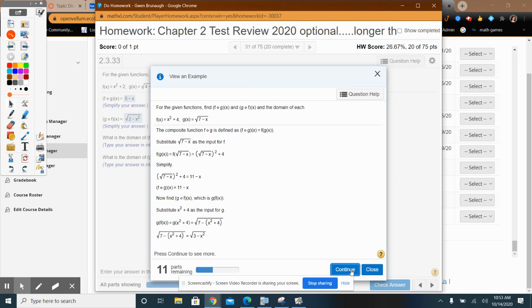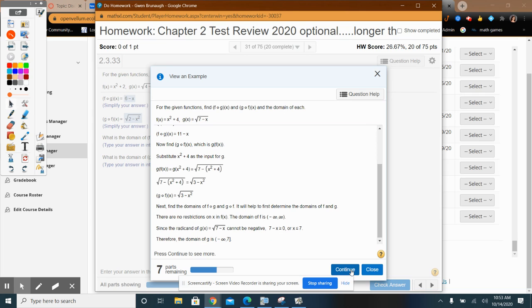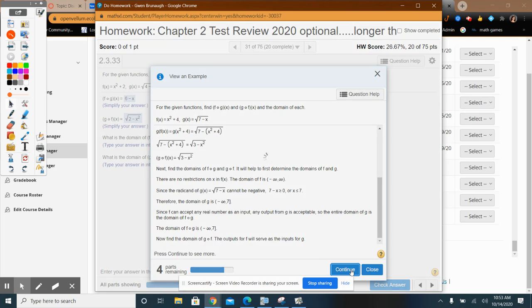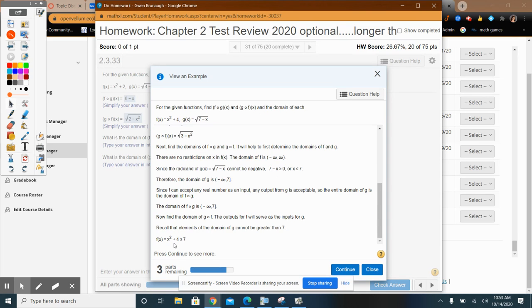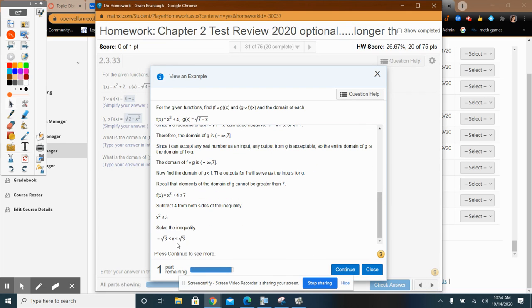I have to go all the way to the domain. They're finding the pieces there. We did the first one. Okay, so they said x squared plus 4 has to be less than or equal to 7. And what did I say? x squared plus 2 had to be less than or equal to 4. That's what I had, x squared less than or equal to 2.